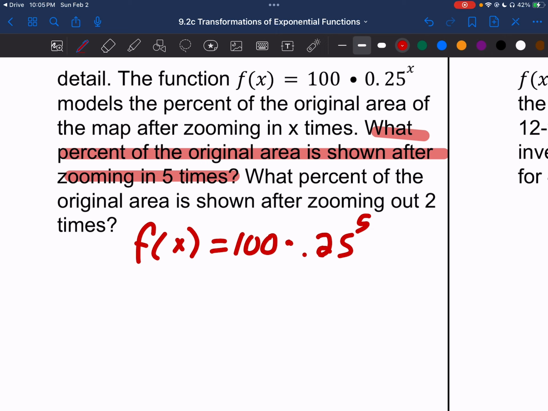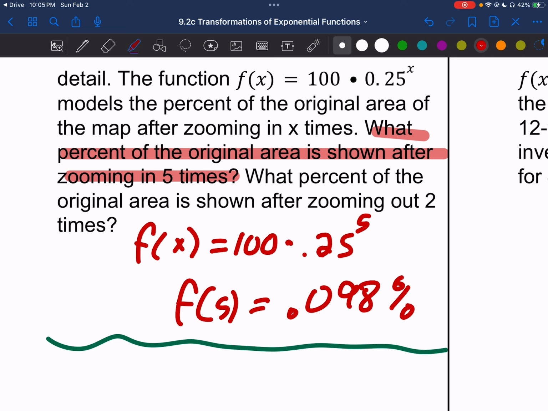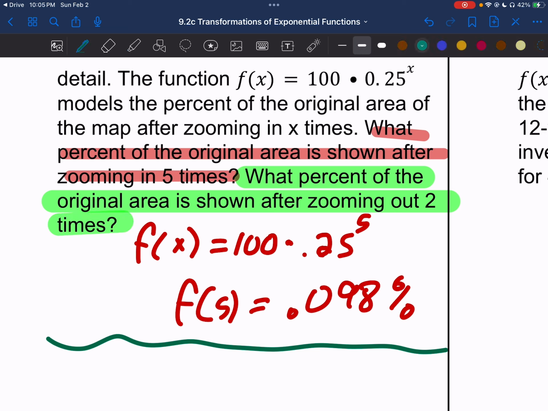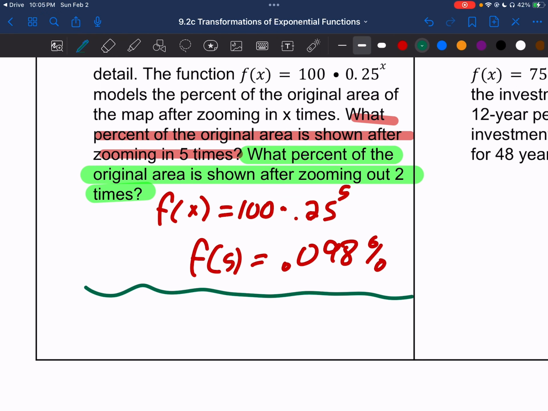And so when we multiply that out, we get f of 5 is going to be equal to 0.098%, and I'm rounding there. But we have a secondary question: what percent of the original area is shown after zooming out 2 times? Well, how can we zoom out? If a positive exponent is zooming in, a negative exponent would be zooming out.